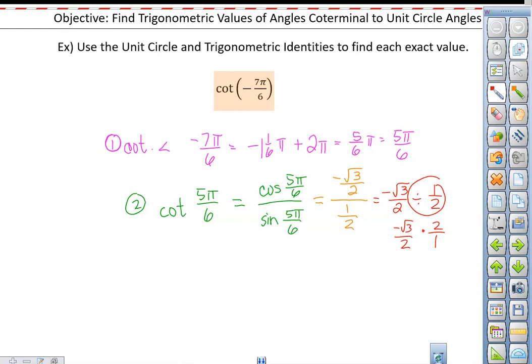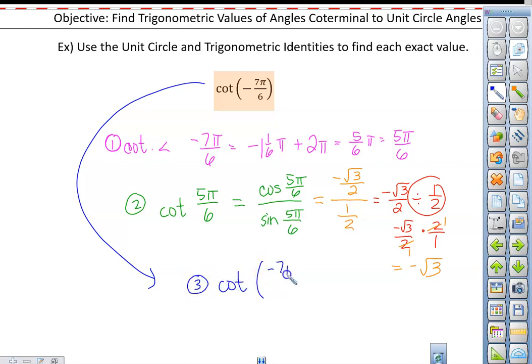And then our 2's reduce to 1. And this becomes the negative square root of 3. So that is telling us that this cotangent of our original angle, -7 pi/6, will also have a value of negative square root of 3.